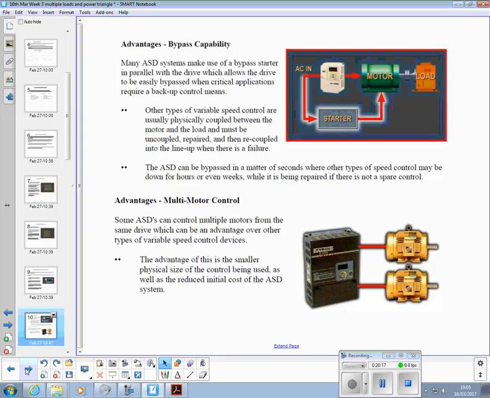They can't be bypassed. The other systems aren't so easily bypassed as these.